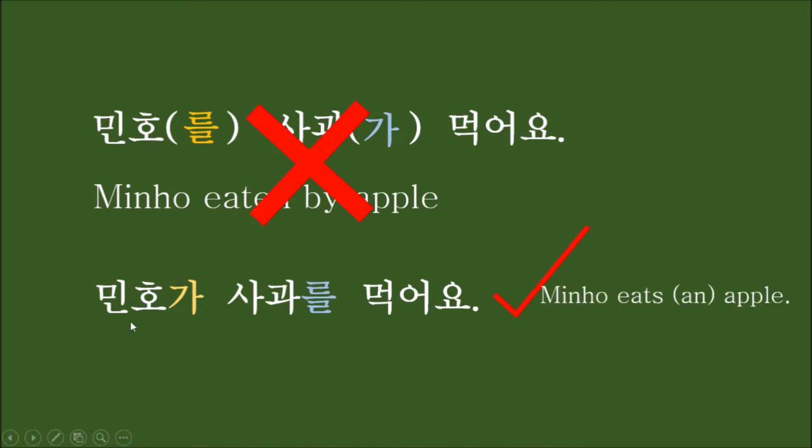Minho, as we know, is the subject and is the action performer. The action is 먹어요, and the person who is doing the action is the subject, which is Minho in this case. 사과 is what the action is performed on.